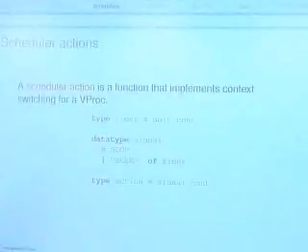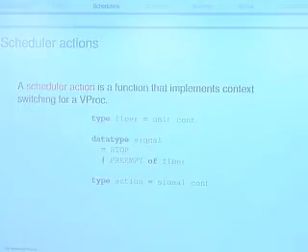Okay, our scheduling model is based on a notion of scheduler actions, an idea that Olin Shivers proposed as a way of bringing machine-level events like exceptions and interrupts into a programming language model.